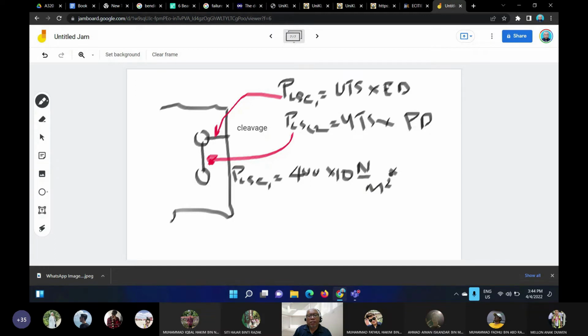Then you multiply by the edge distance, here 2 times diameter, times thickness.